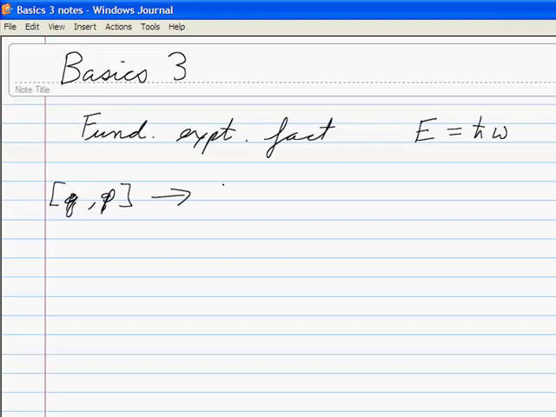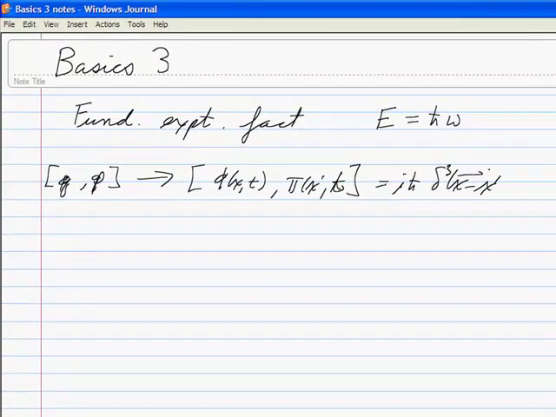And we turned that into the commutation rule for a field, which is i h bar delta 3 of x minus x prime.